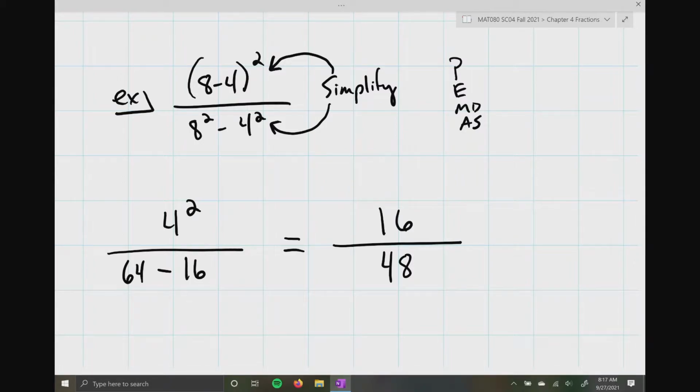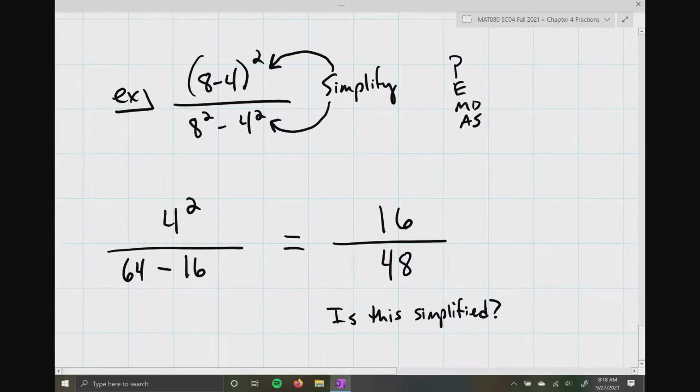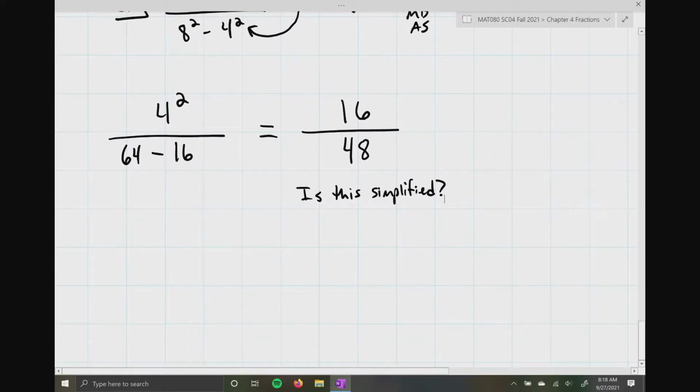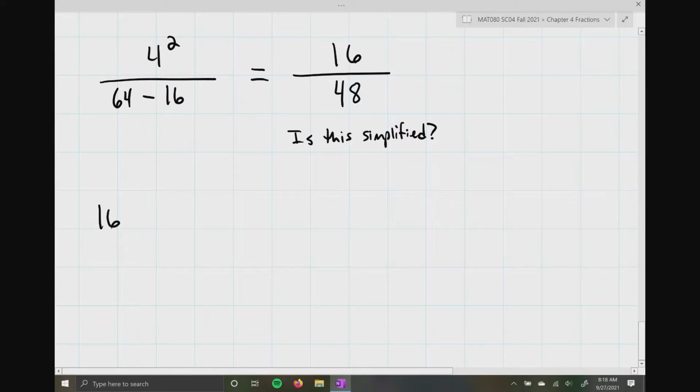Pretty good? Now from here, there is the question you need to ask yourself. Is this simplified? And to be honest with you, the only way you're going to know is by breaking these numbers down. So real quick, 16 is 4 times 4.